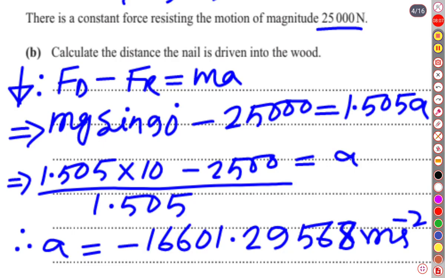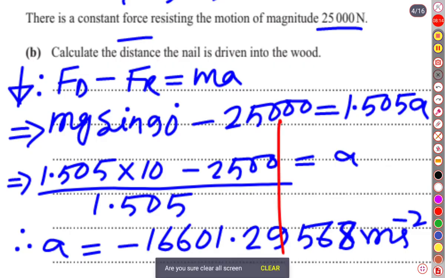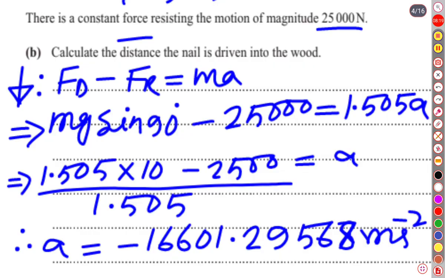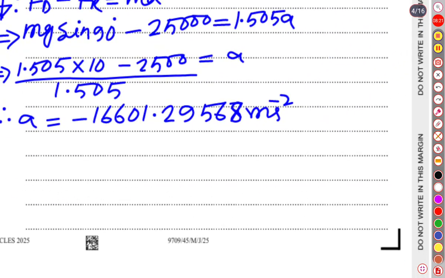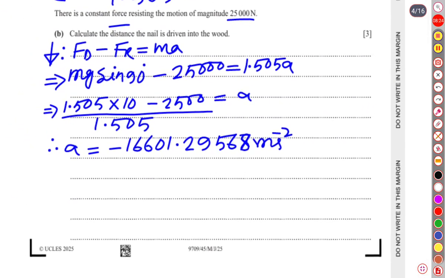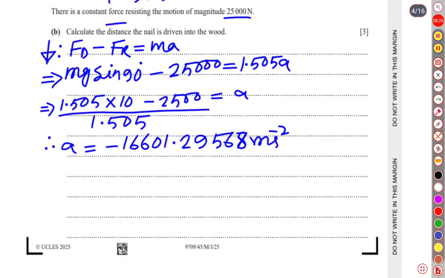So they have told us to find distance, so we should not forget that v square is equal to u square plus 2as. Another formula is s equal to ut plus half at square, but that means time is to be known, and as we don't know the value of t, we simply apply v square is equal to u square plus 2as.